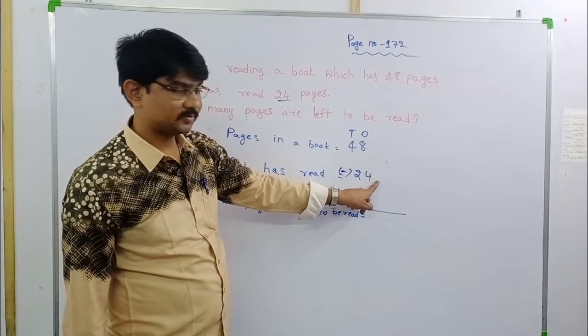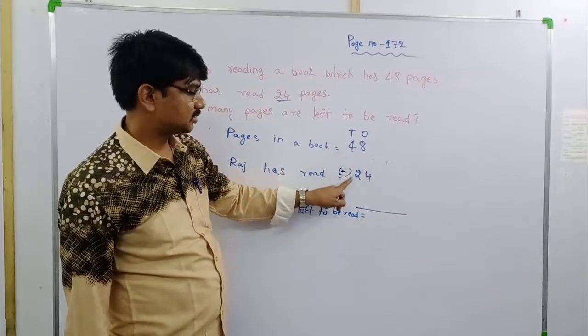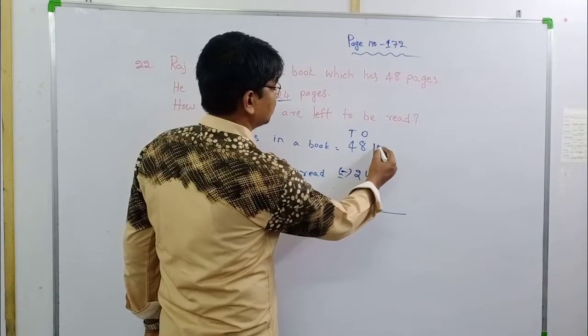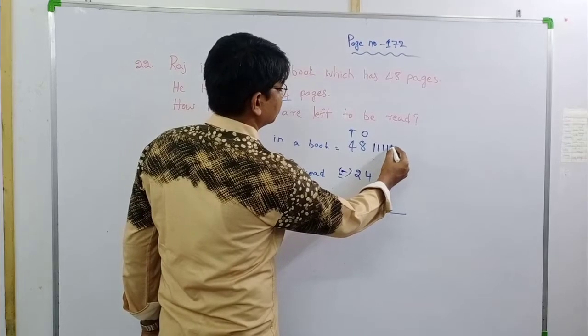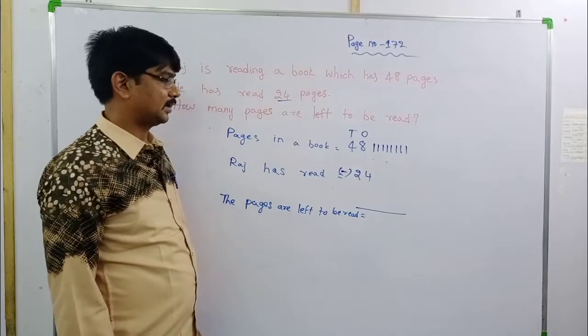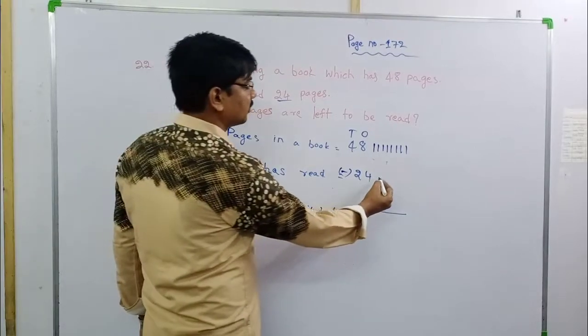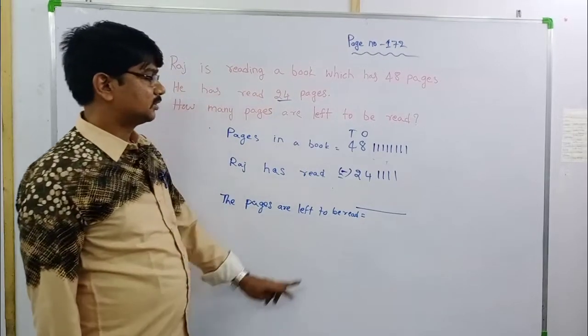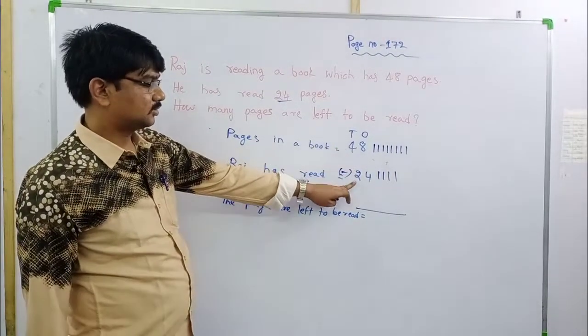Ones place, subtract from ones place. Tens place, subtract from tens place. 8 is here, 1, 2, 3, 4, 5, 6, 7, 8. Okay, 8 lines. Here 1, 2, 3, 4. Next 4 is here and 2 is here.